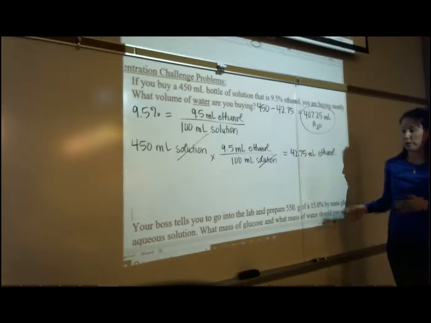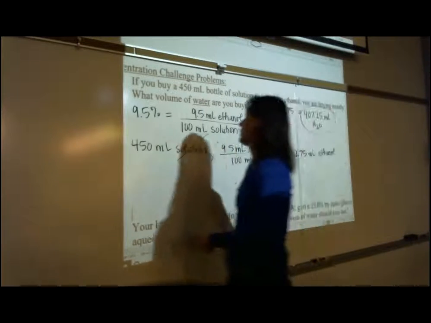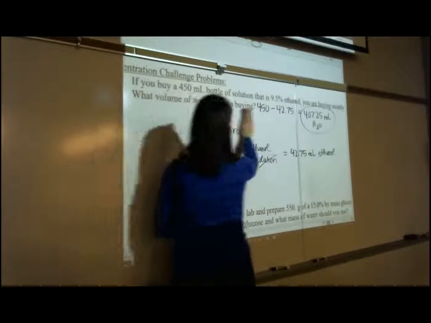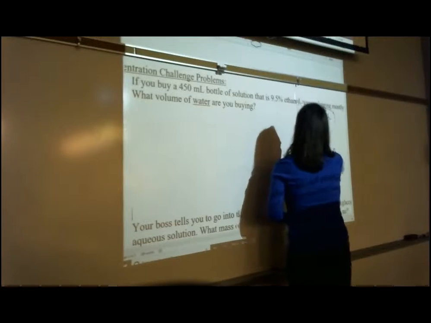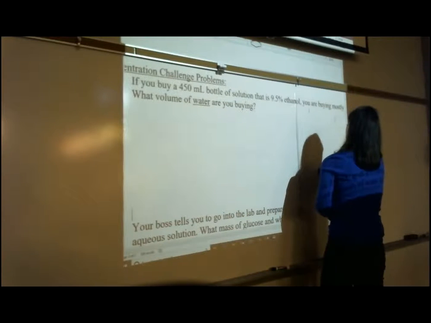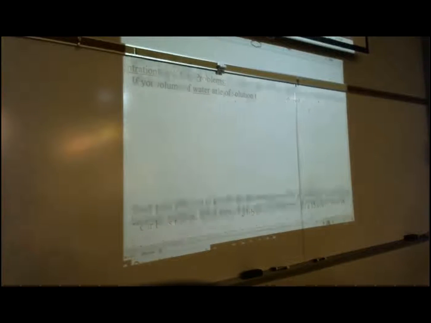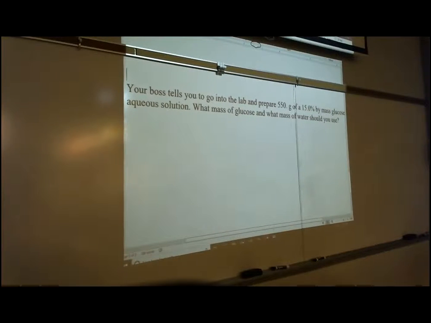The next problem works very, very similarly. It's just percent by mass instead of percent by volume. So let's take a look at it. Your boss tells you to go into the lab and prepare 550 grams of 15% by mass glucose aqueous solution.